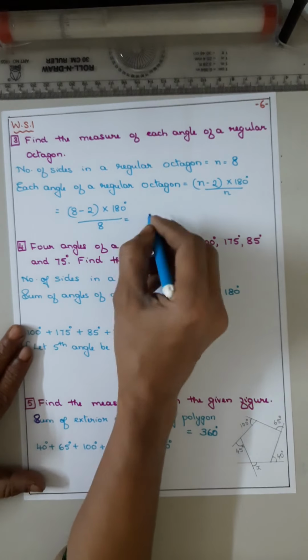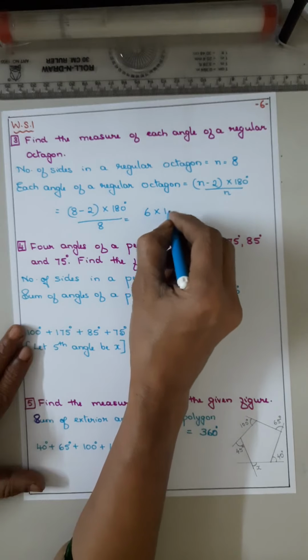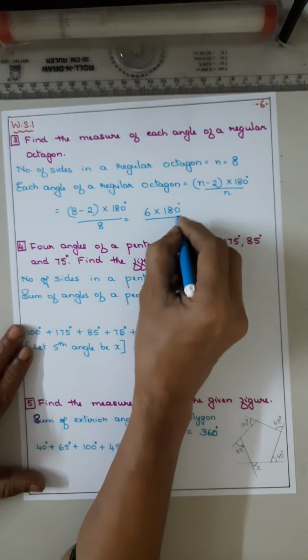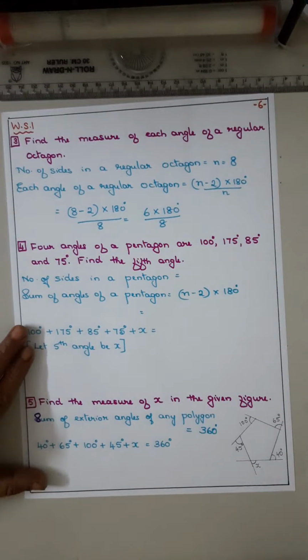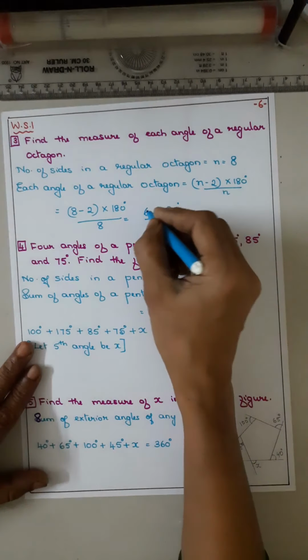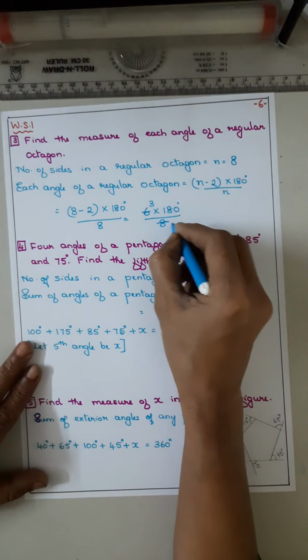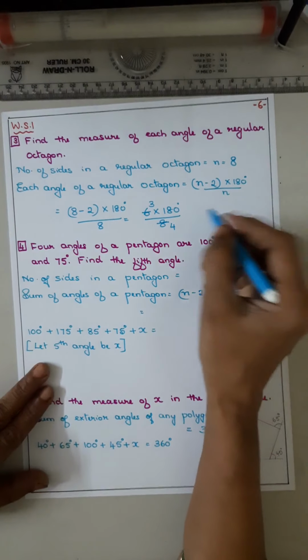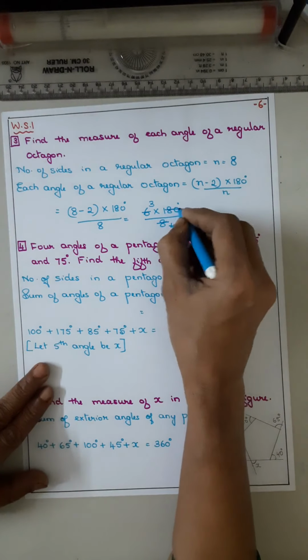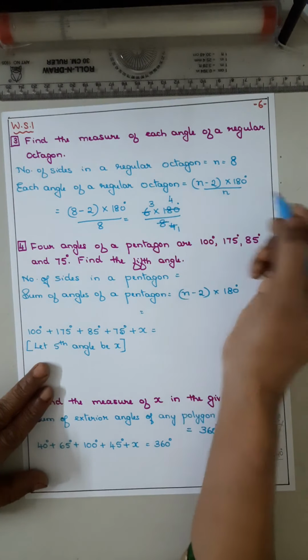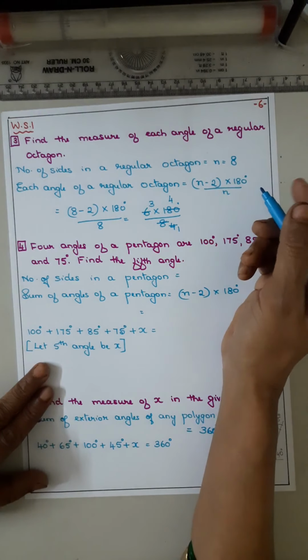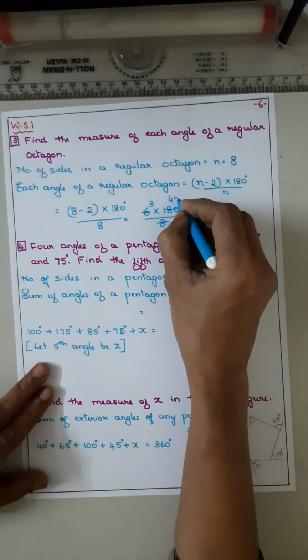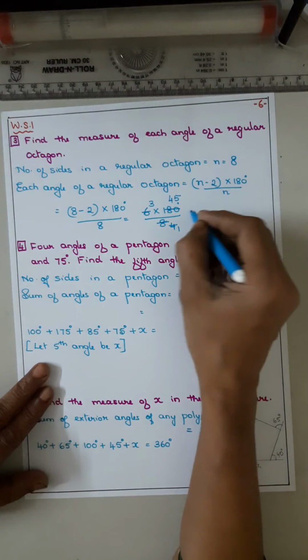It will be 8 minus 2 is 6. 180 upon 8. It is 2 3s are, 2 4s are... Now 4 1s are 4, 4 4s are 16, 17, 18. 2 and 0, 20. 4 5s are 20.